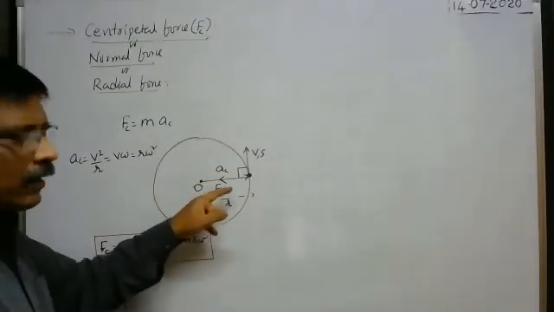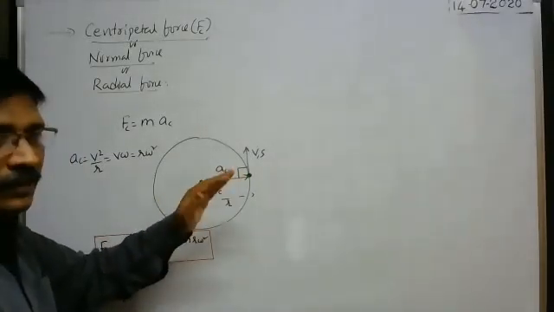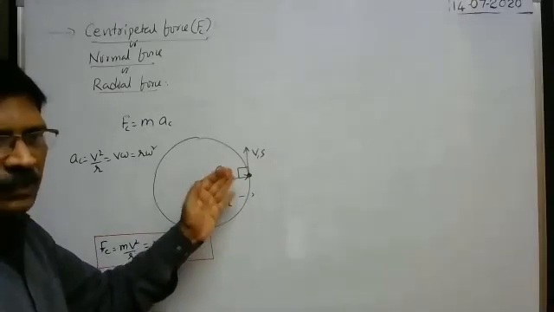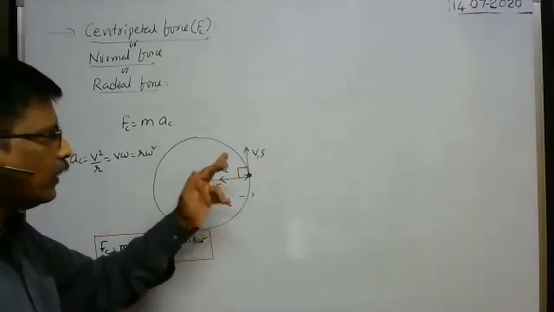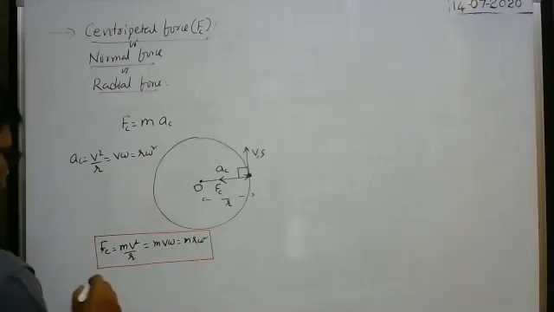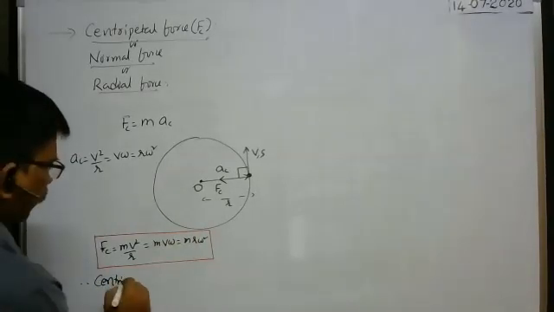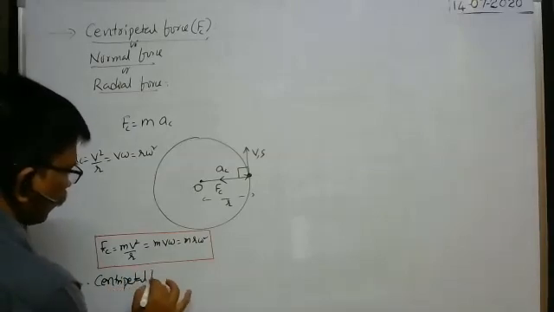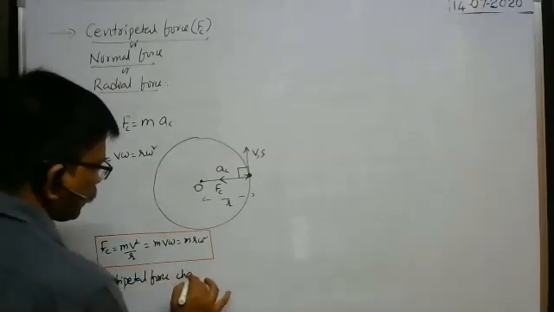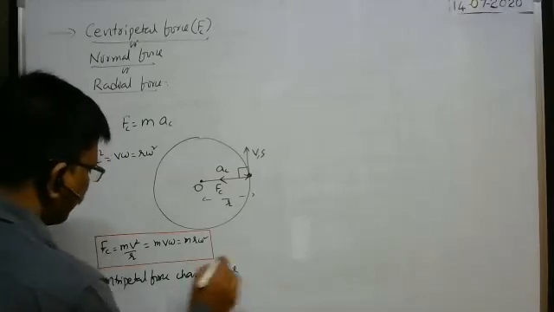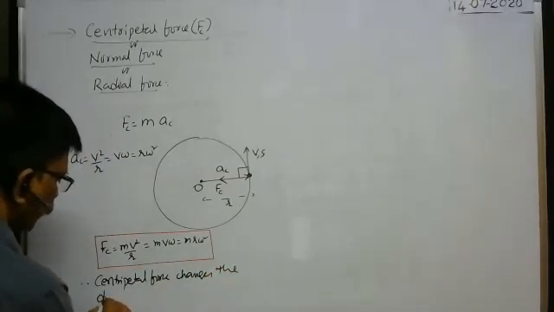Because of this, the speed of the body does not change, only the direction of motion will change. Therefore, centripetal force changes the direction of motion of the body alone.